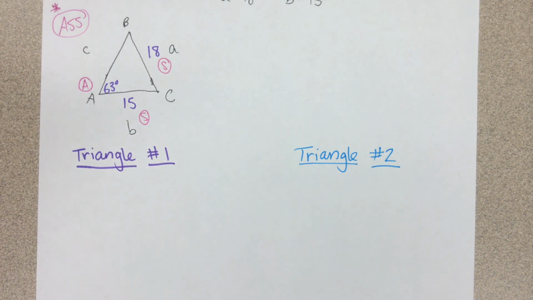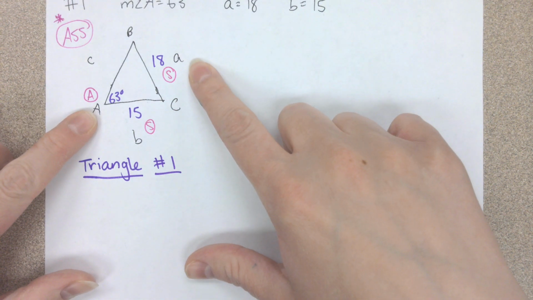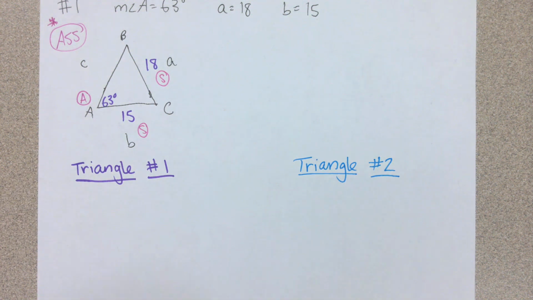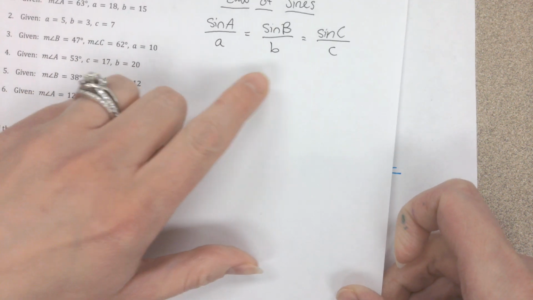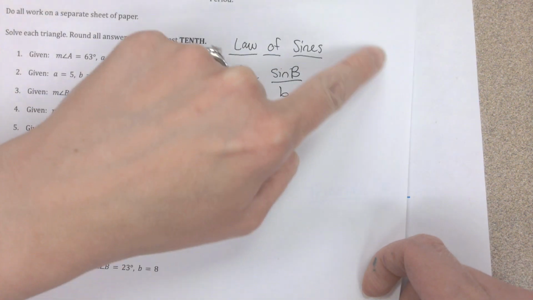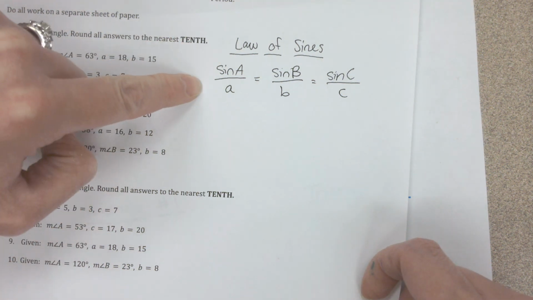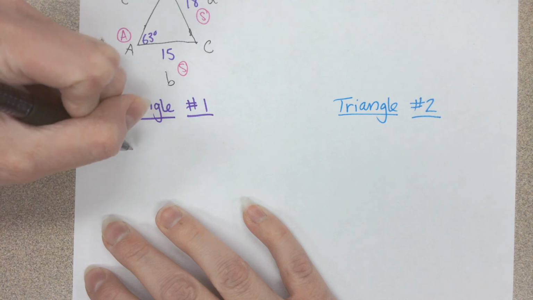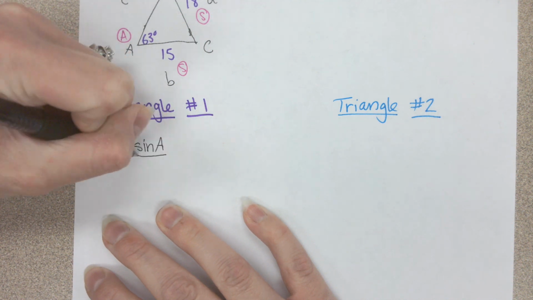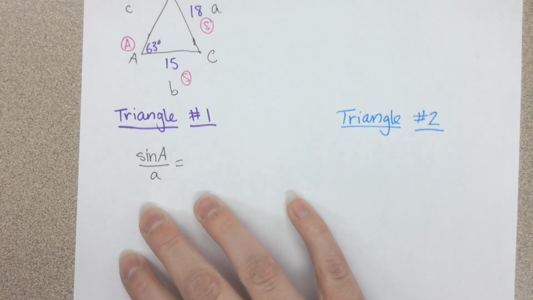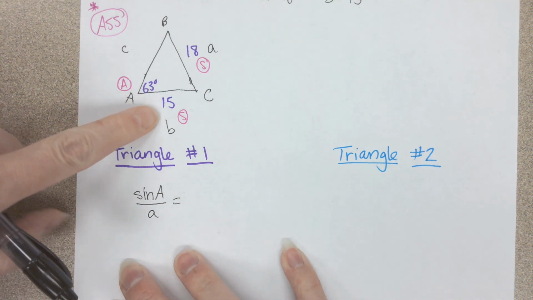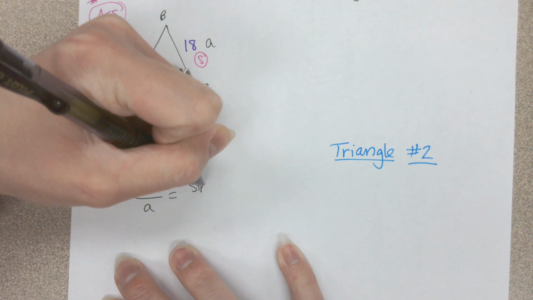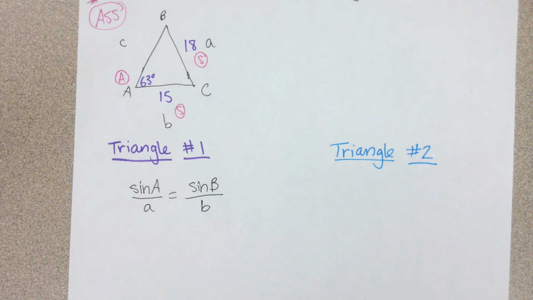So the first thing we can do, we have both A's. So when you have the same letter and you have the angle and side for that letter, that's when you're able to use law of sines, because you can complete one of these fractions. And we can complete the A. So I'm going to start with sine of A over a equals, and then the other piece of information we have is we have side b, so we can then find angle B. So this is the first thing we'll set up.